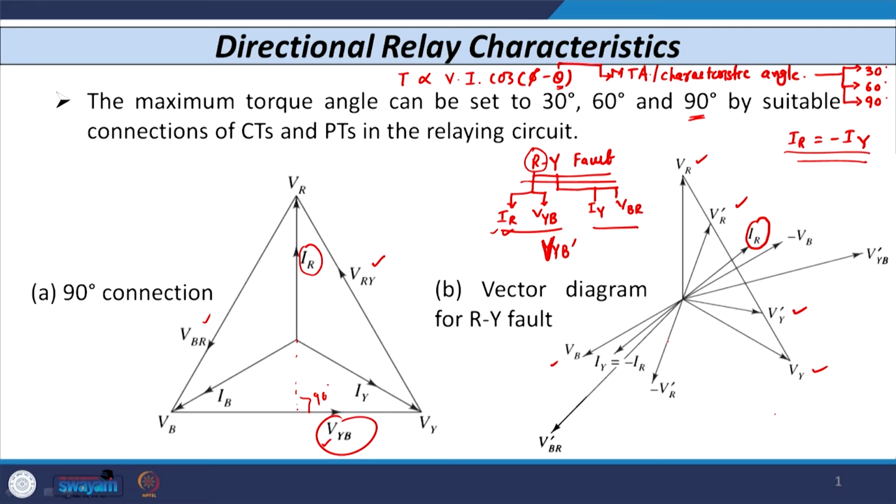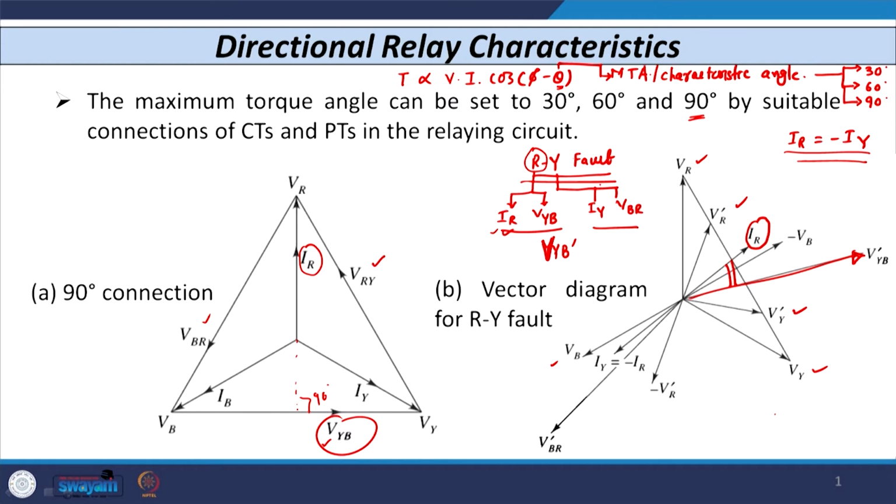If I have the Vy voltage here and minus Vb dash here, so you have the voltage V dash Yb, that is this value. The angle between V dash Yb and IR is this angle. So, you can see that if you give this quantity to the relay, then relay will produce maximum torque.